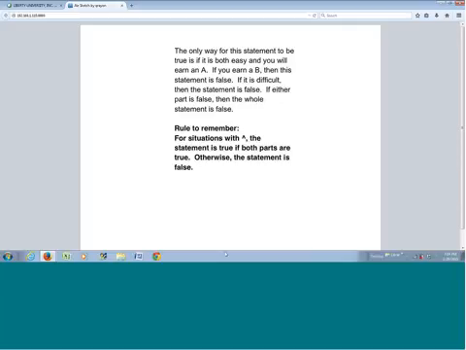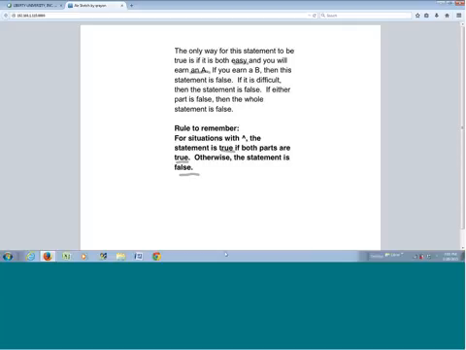If it's difficult, then of course that sentence is false, even if you earn an A. The only way for this to be true is if it's both easy and you earn an A. So if either part is false, then you say the statement is false. So a rule to remember with the conjunction is that it's true if both parts are true. Otherwise, the statement is false.